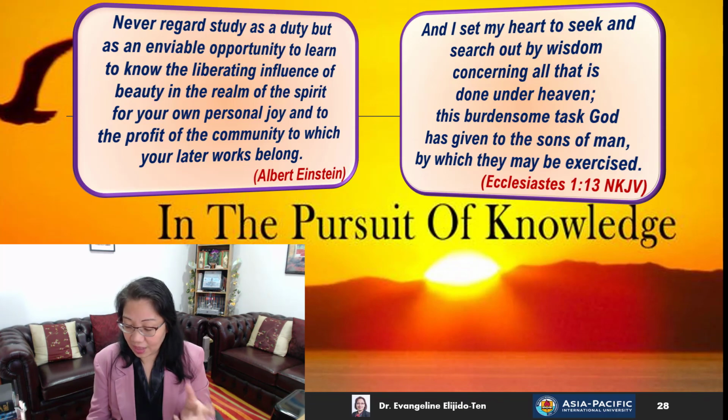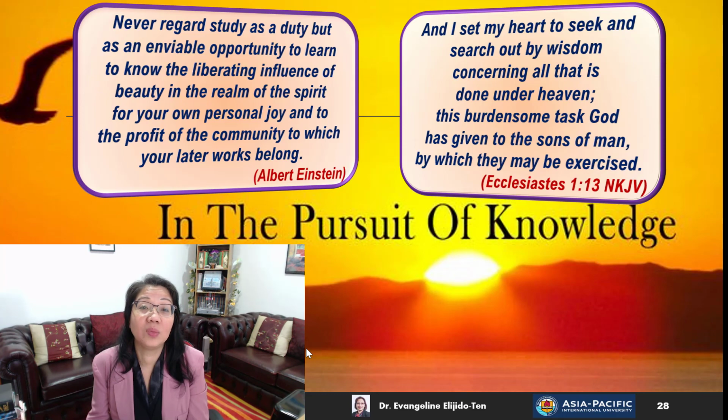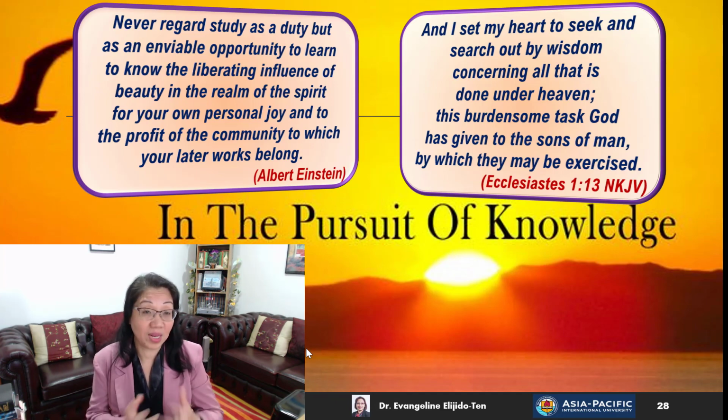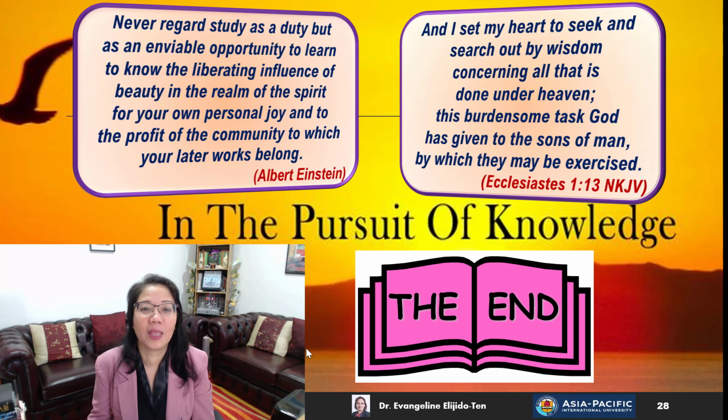This verse, as you know, Solomon wrote at the lowest point of his life when he was feeling so far away from God. And I hope that you don't find the pursuit of knowledge and wisdom as something of a burden, but really as an opportunity to help others that may not be as fortunate as us.